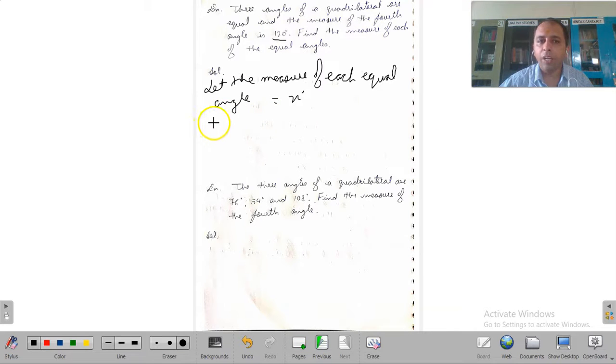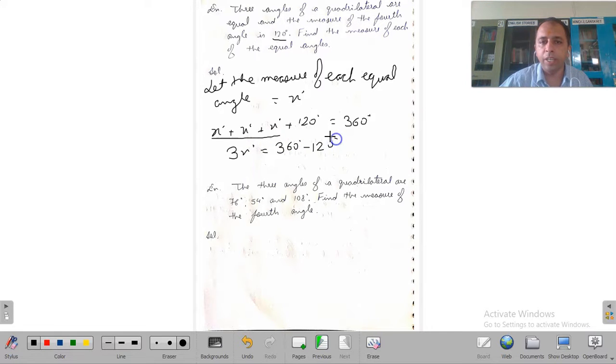Then according to the angle sum property of a quadrilateral, you will write down an equation: x degree plus x degree plus x degree plus 120 degree equals 360 degree. So 3x degree is equal to 360 degree minus 120 degree.